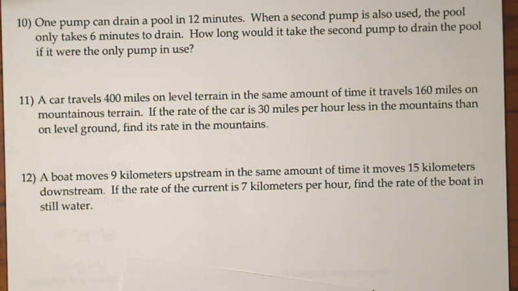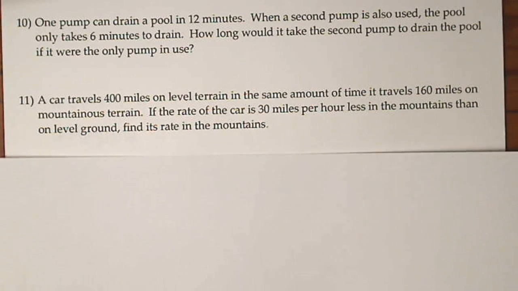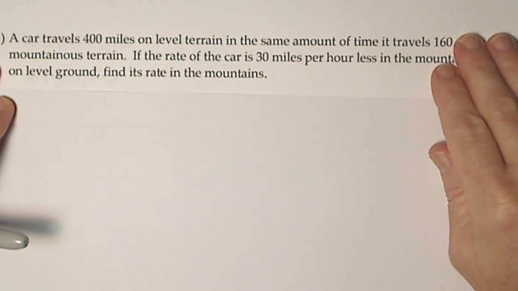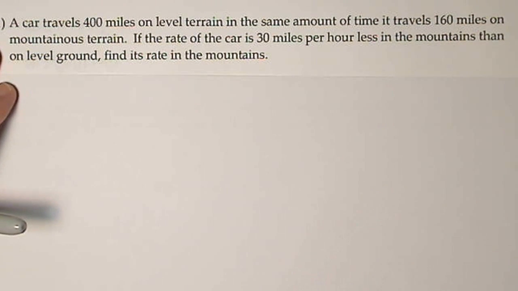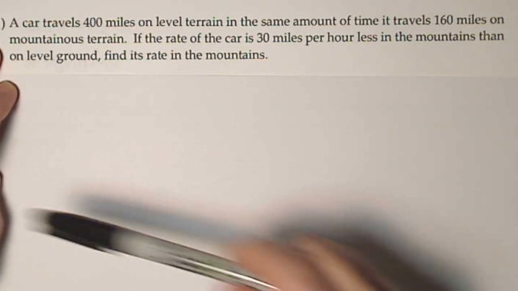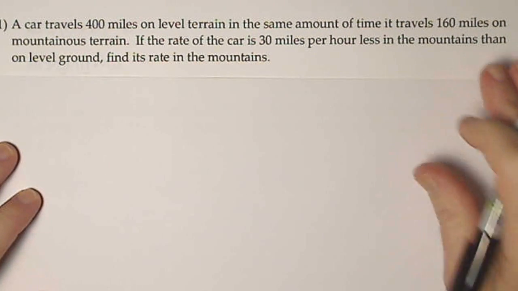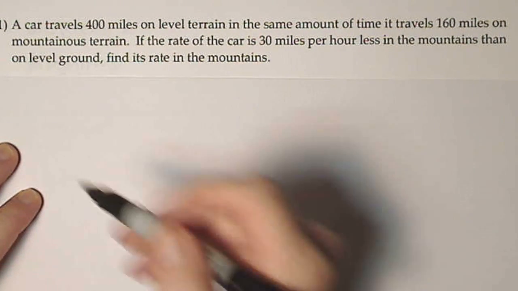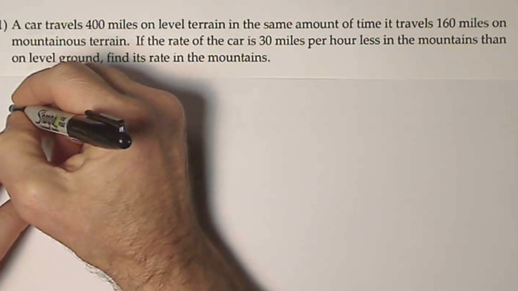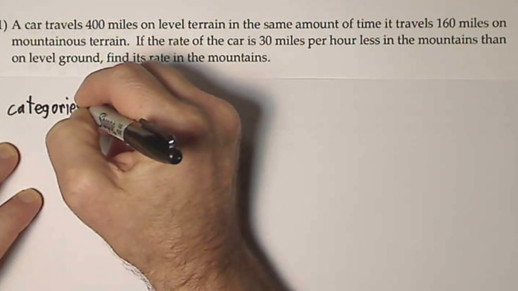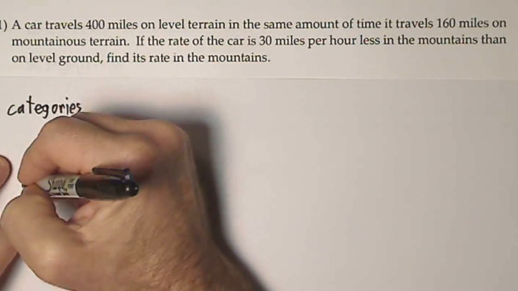The next one, we have a car traveling on level terrain and mountainous terrain. So we'll use our chart to set up the categories. And we've got a few more numbers on the paper here. So with our categories, we will try to get some numbers in here.